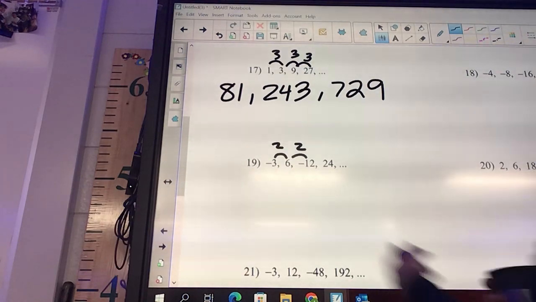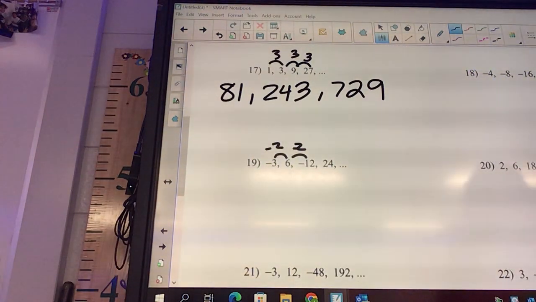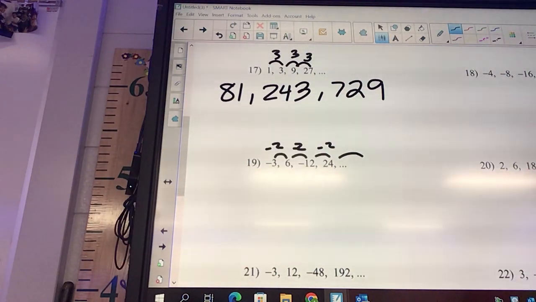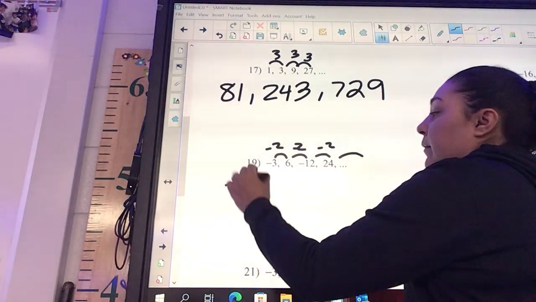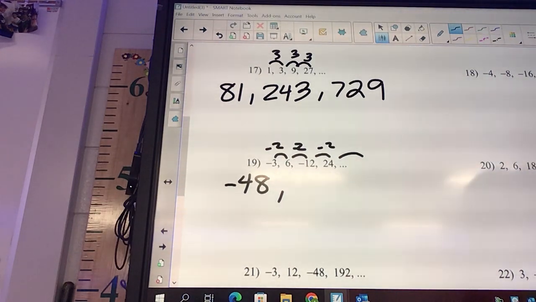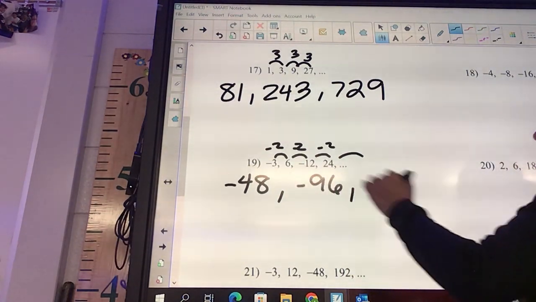No, so put the negative on there. Okay, so we're going to say times negative 2. So what is 24 times negative 2? Negative 48. Times 2. Negative 96 times 2.